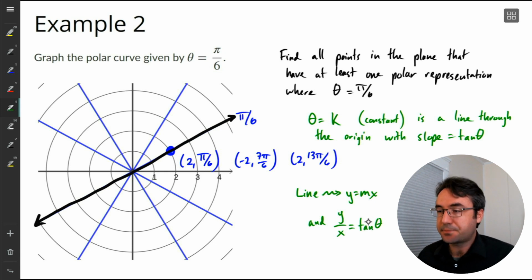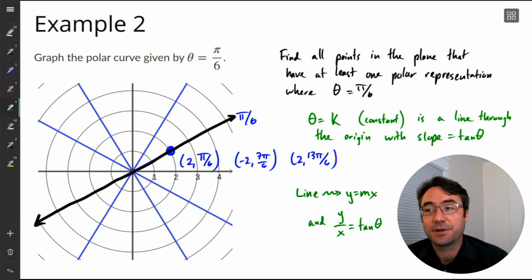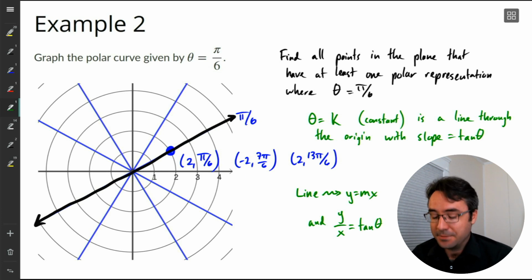And so if you know the slope of the line, you can recover the theta value by just using the arctan function. So if you know the slope, you don't know the theta value, well, take your slope, apply the arctan function, and you can use that to help figure out what the theta value is going to be.